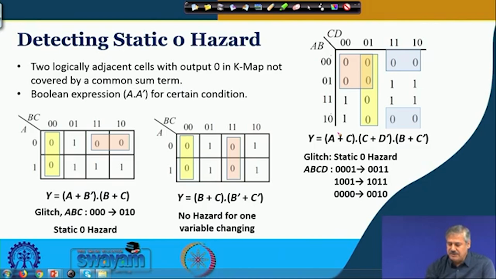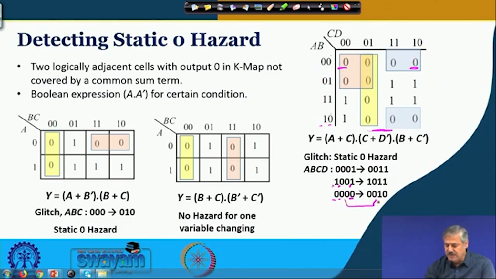So, this is the case when A is 1, B is 0, and D is 1 between these two, and C is making a transition from 0 to 1. Glitch occurs. And the last one, the third one that we talked about, these two: A is 0, B is 0, D is also 0, between these two zeros, and C changes from 0 to 1.